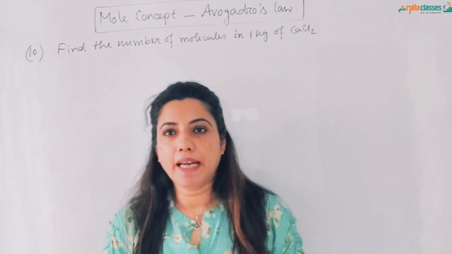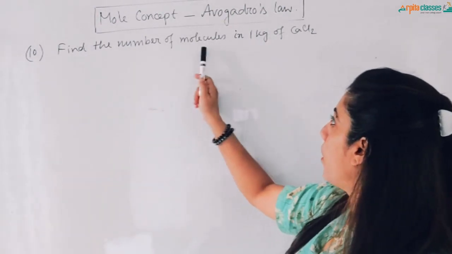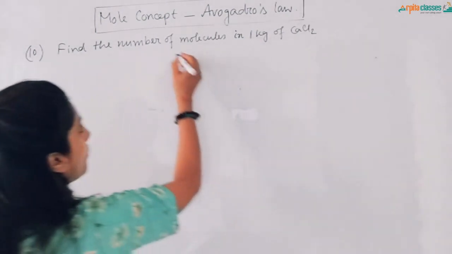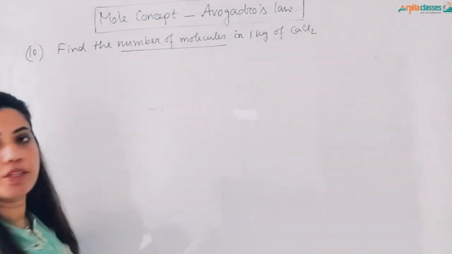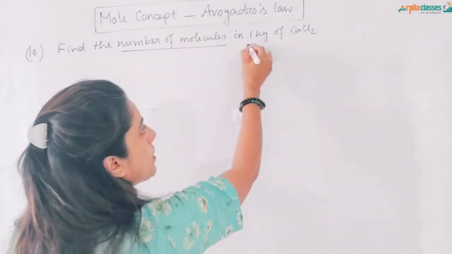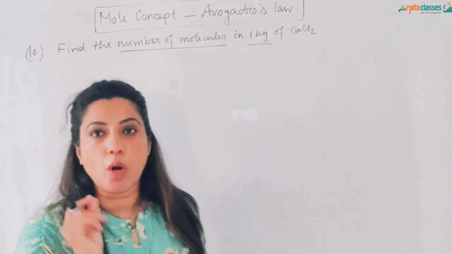Let's proceed to question number 10. Find the number of molecules in 1 kg of calcium chloride. So we need to find out the number of molecules, which is related to the Avogadro's number, and 1 kg is given, which is related to the molecular weight.